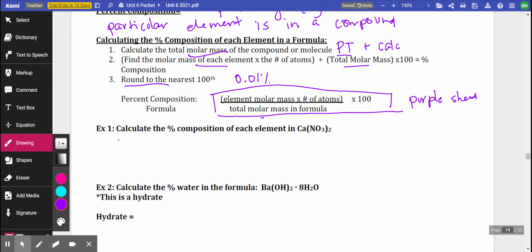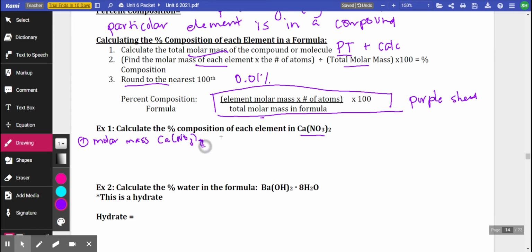So for our first example, we're going to work out the percent composition of each element in calcium nitrate. So first step is you're going to calculate the molar mass of calcium nitrate, Ca(NO3)2.